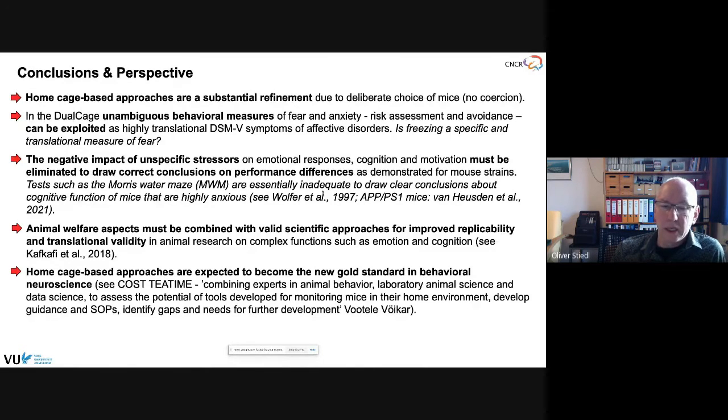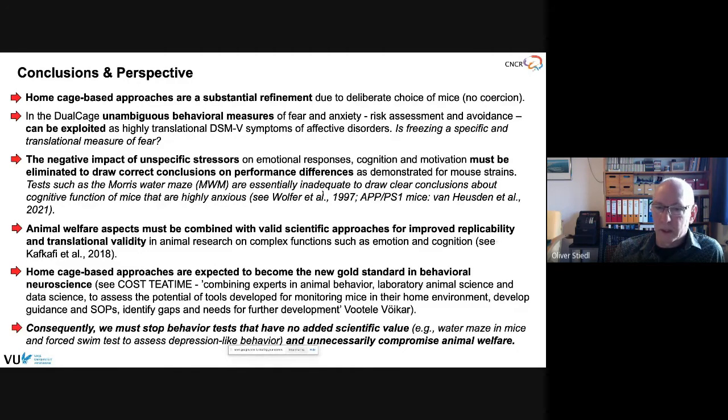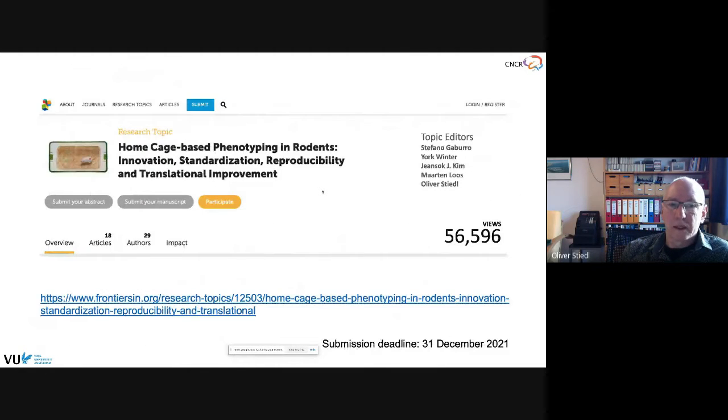And we are really intrigued that we are moving in this direction, and this is a COST or EU proposal where a lot of groups in Europe are working together because we are thinking about how we can make this possible in the future, what the standards are, and how we can develop this further, because we think this is really important. And we have to stop behavior tests that have no added scientific value and only unnecessarily compromise animal welfare. And this is the topic that is still running till the end of the year.